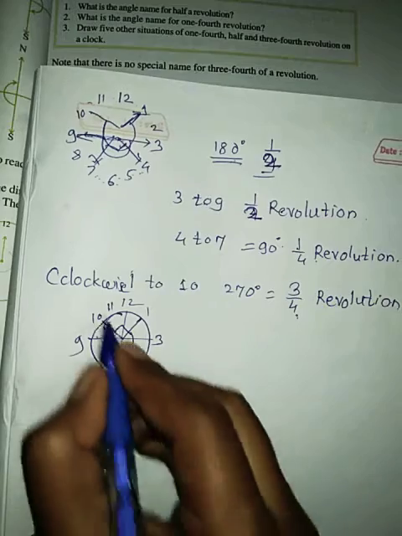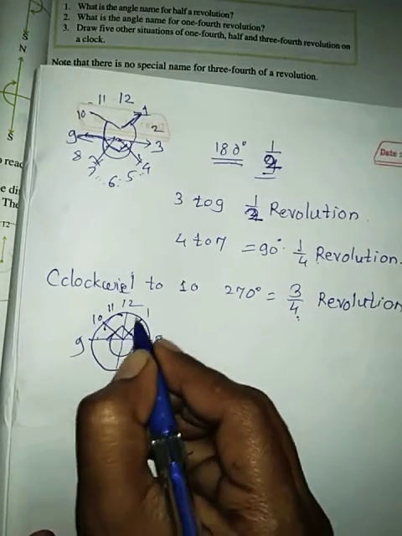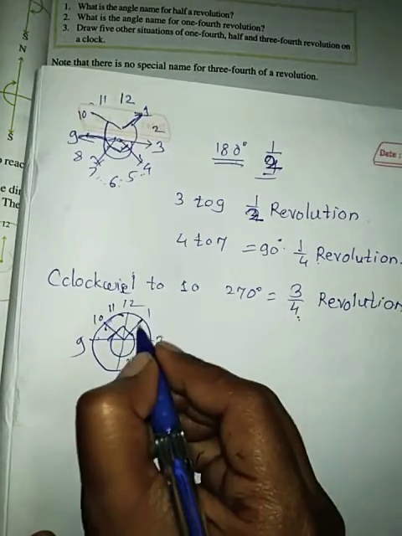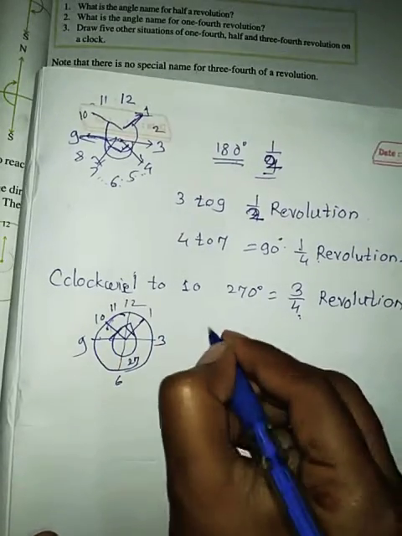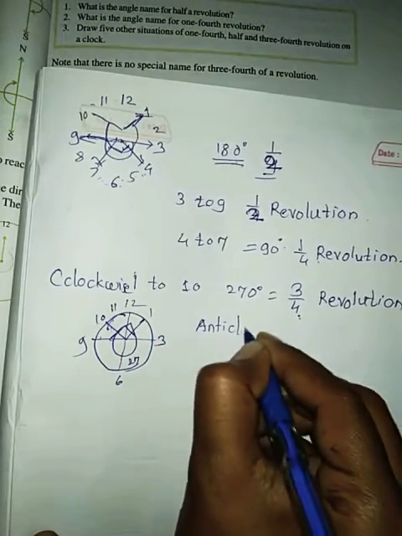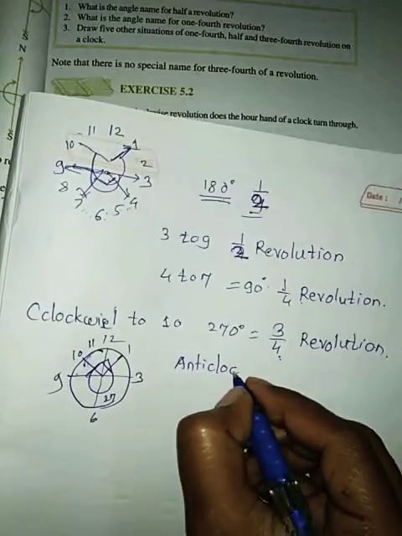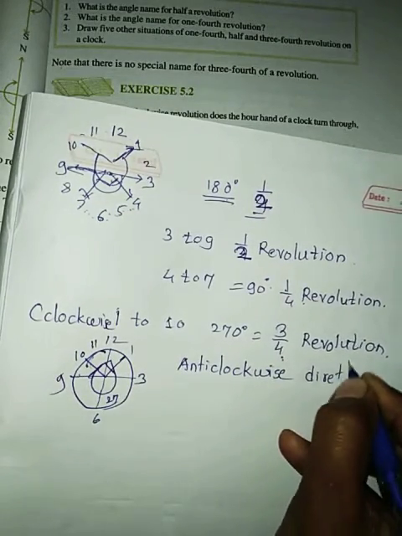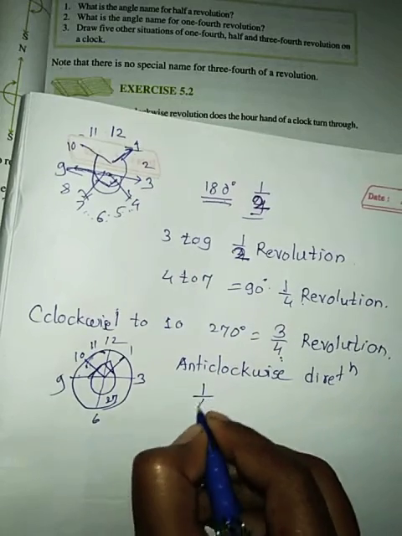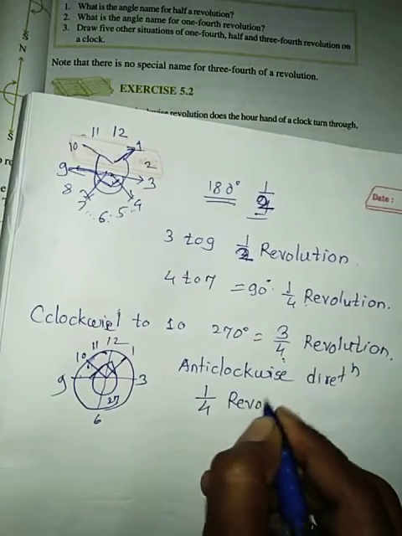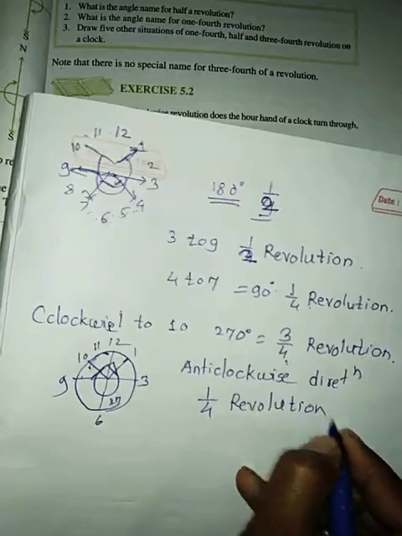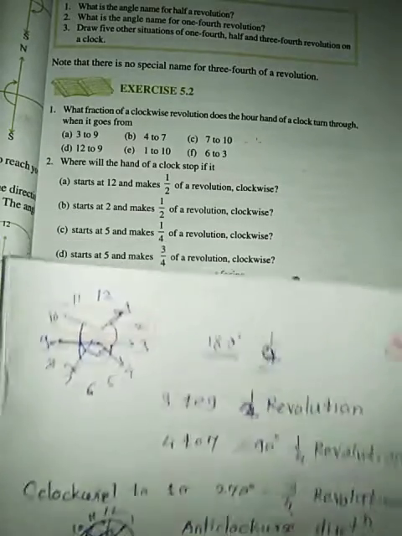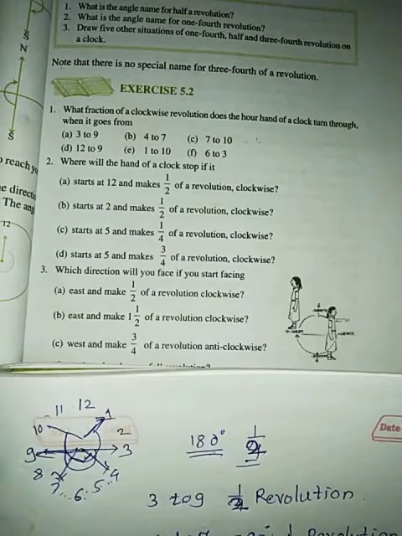Now this is in the clockwise direction. If I go in the anti-clockwise direction, 1 to 10 means 90 degrees. So in the anti-clockwise direction it is 1 by 4 revolution. That can also be possible. They will ask with the anti-clockwise revolution.